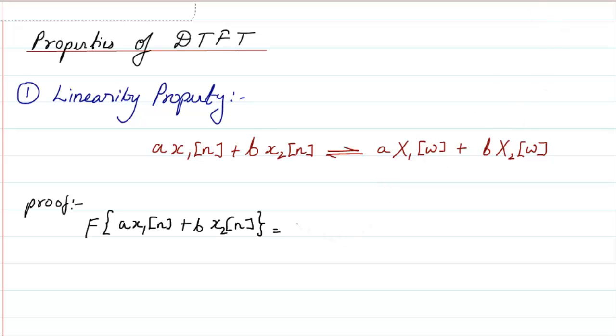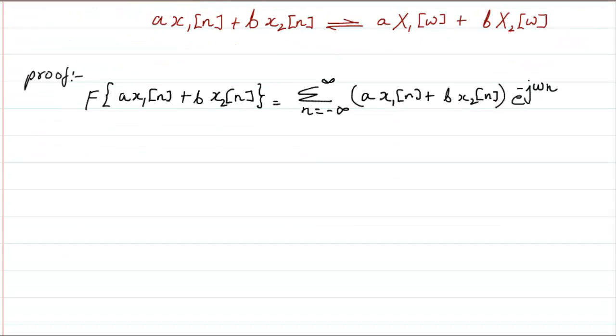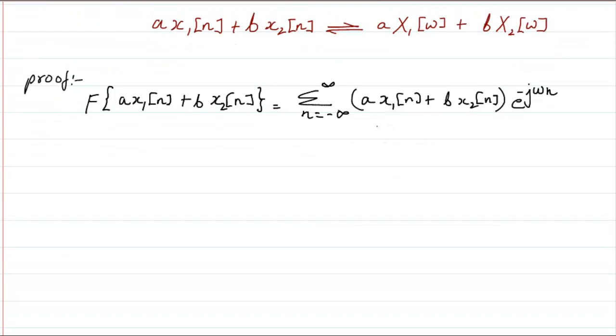We know that the Fourier transform of the combination will be given by summation n is equal to minus infinity to infinity of a x1 of n plus b x2 of n, multiplied with e raised to power minus j omega n. Now we can split this into two components. One is for this one and another one is for this one.